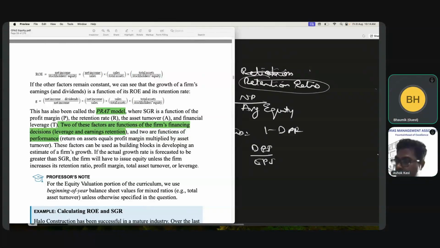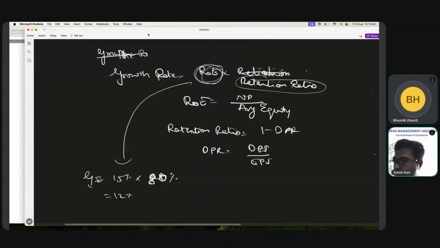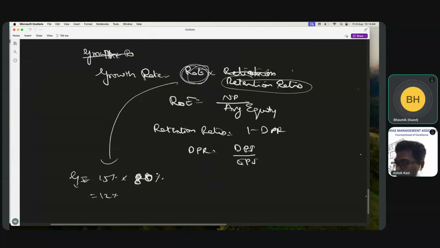Here, return on equity, I can use the DuPont. So growth is equal to return on equity into retention ratio.